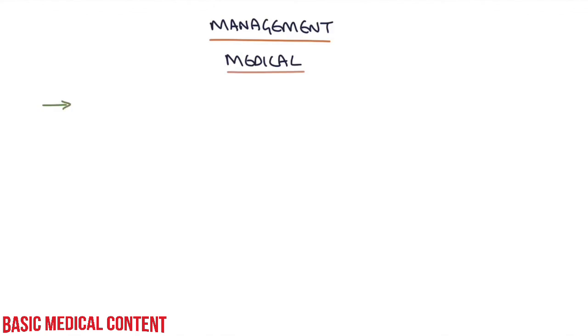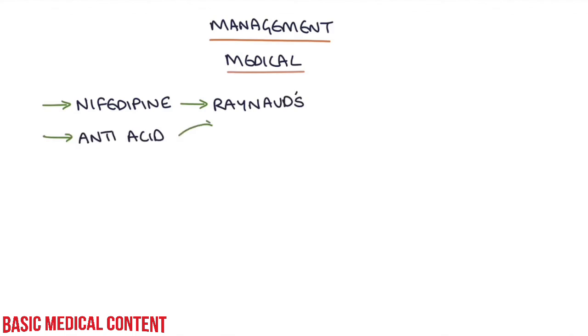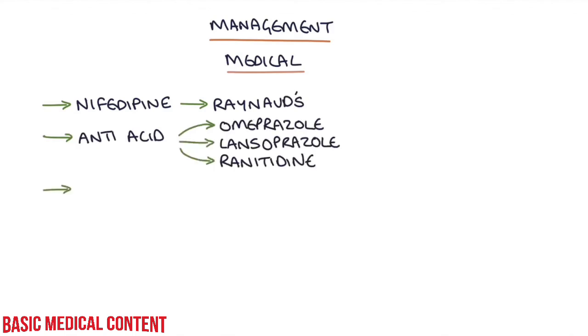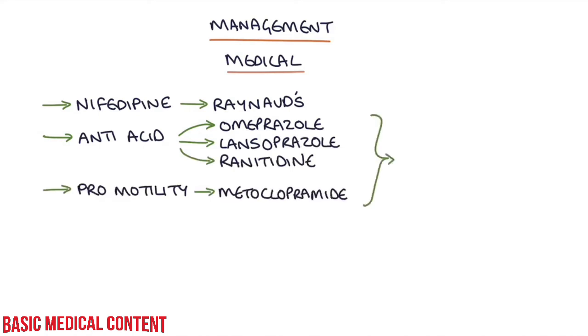A calcium channel blocker called nifedipine is often used to treat symptoms of Raynaud's phenomenon. Anti-acid medications such as omeprazole, lansoprazole, and ranitidine, as well as pro-motility medications like metoclopramide, can be used to treat the gastrointestinal symptoms like acid reflux and esophageal dysmotility.